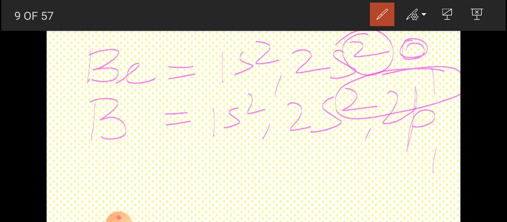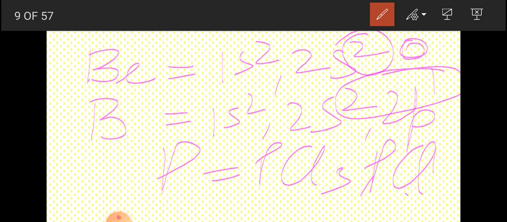And this happens due to the excitation of electrons. An atom may show different covalency. Why? Due to excitation of electrons. For example, phosphorus shows covalency of 3 and 5. We can see PCl3 and also PCl5.